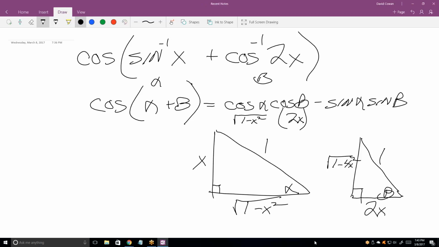They basically give it to us up here. We do need these triangles, though, to get this cosine of alpha and to get sine of beta. So I'm going to subtract the sine of alpha, which has to be x, times, what's the sine of beta? The sine of beta is root 1 minus 4x squared.